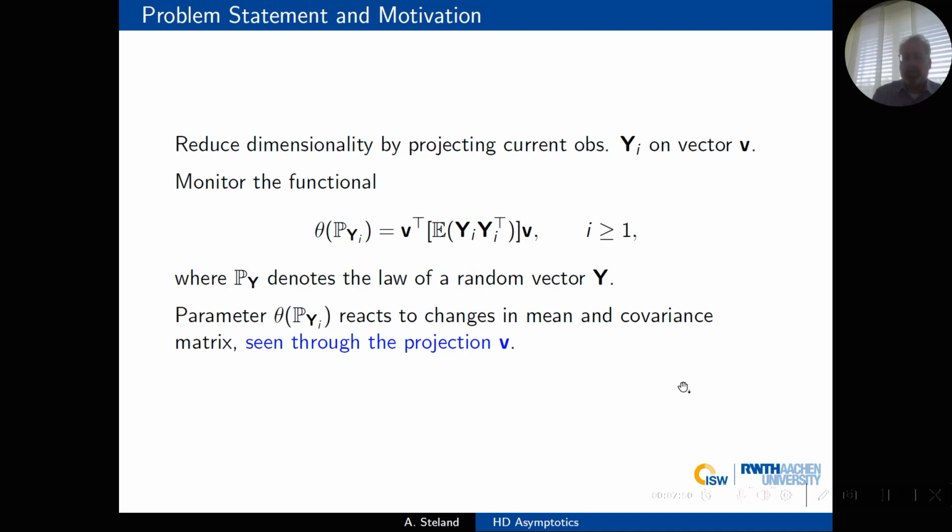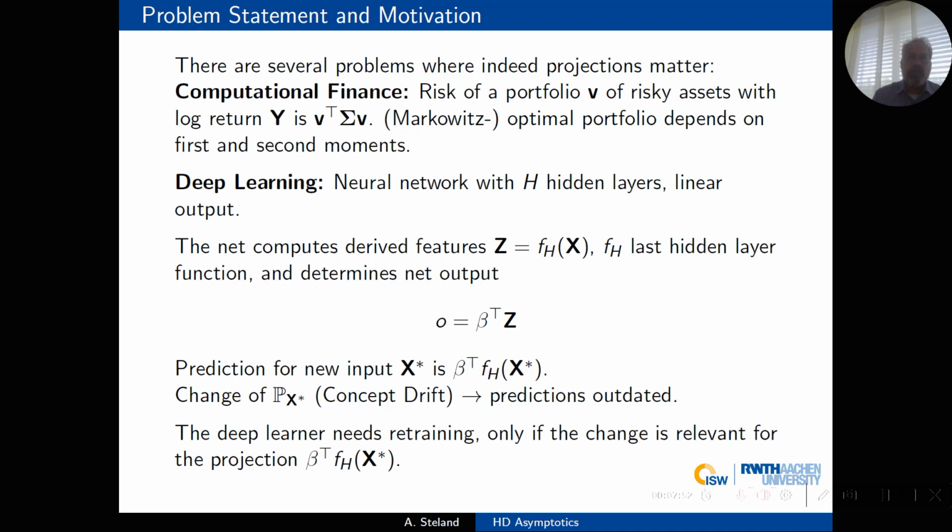So, why is this of interest? There are several problems where indeed projections matter, not the whole second moment matrix, and not a whole distribution. One example is computational finance. For example, the risk of a portfolio V of risk assets with log returns Y is given by a quadratic form in terms of the covariance matrix.